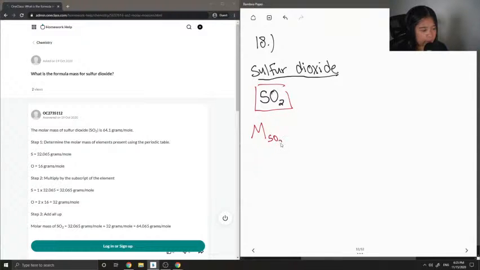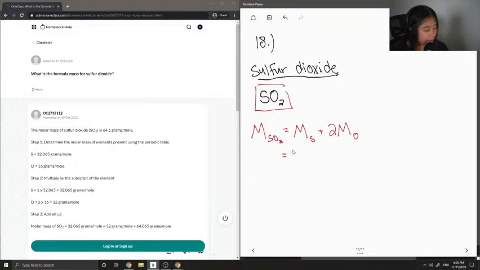Okay, so I'll write out an expression on the molar mass of sulfur dioxide. It would simply be the molar mass of sulfur plus 2 times the molar mass of oxygen. Since there are 2 atoms of oxygen in sulfur dioxide, you would just look up these values on the periodic table.